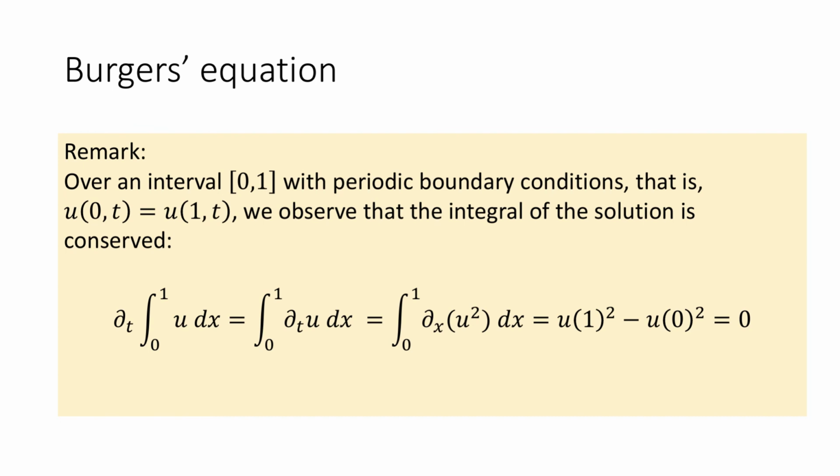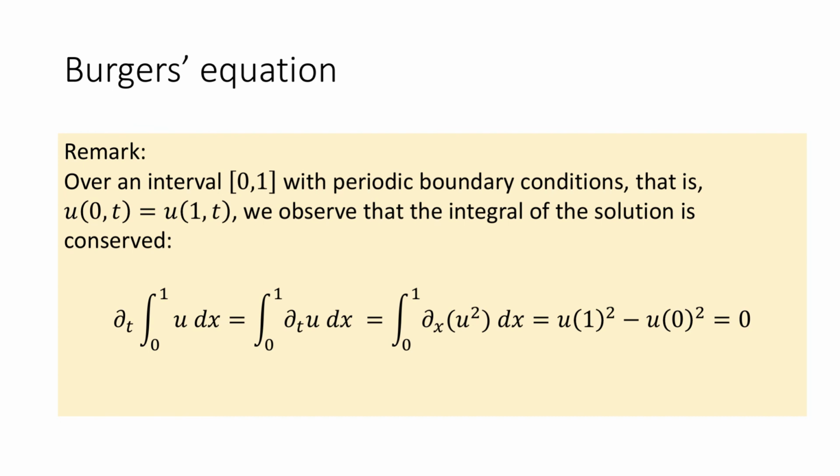If we take a look at the time derivative of the integral from 0 to 1 of u, then of course, first we can pull the time derivative into the integral, and then we can use the conservation law. So this equals the integral from 0 to 1 of the x derivative of u square.